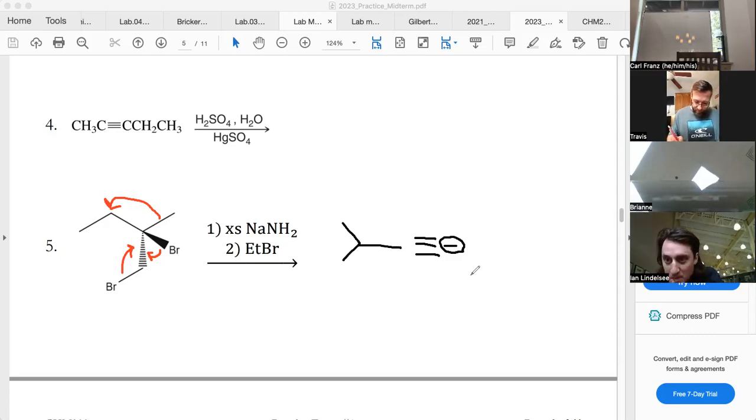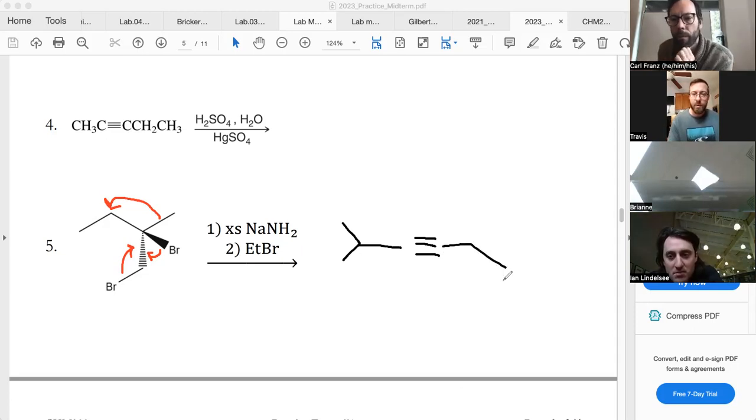So you mean like the termination step? Well, no, because that's with free radicals. Oh, okay. We just add the ethyl. Right, we simply add the ethyl group on there.